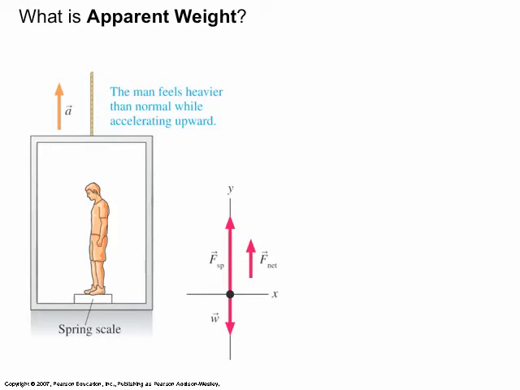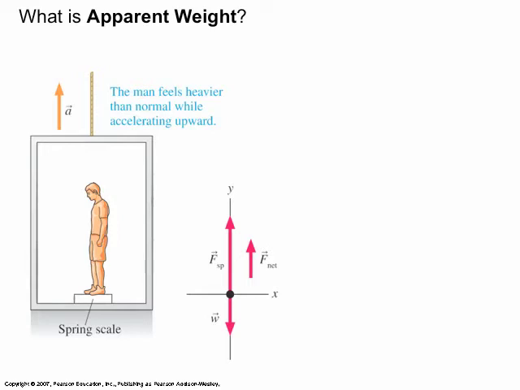Let's examine that. From your textbook, a person here is standing on a spring scale, an ordinary scale. Ordinary scales, such as a foot scale that you stand on, work by compressing a spring when you stand on it. How much the spring is compressed is calibrated to record your weight. So this person is looking down on his foot scale, a spring scale. He stands on the spring scale, and we see in the force diagram that the force of the spring is greater than his weight from gravity.